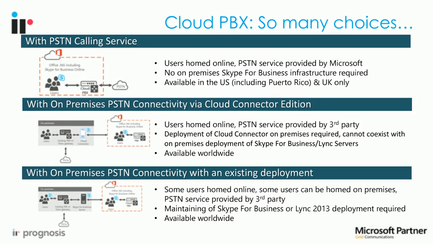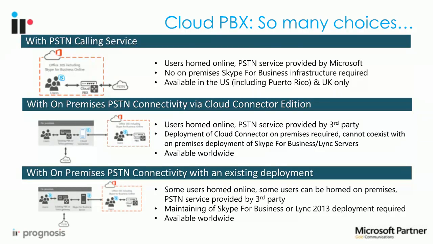And if you don't have any infrastructure around Skype for Business Server 2015 or Lync server, you can utilize this Cloud Connector Edition, which is, like I mentioned, a set of 4 VMs that you can deploy to have Cloud PBX connect with your on-premises for PSTN connectivity. It's again available worldwide, and the set of 4 VMs are really free.